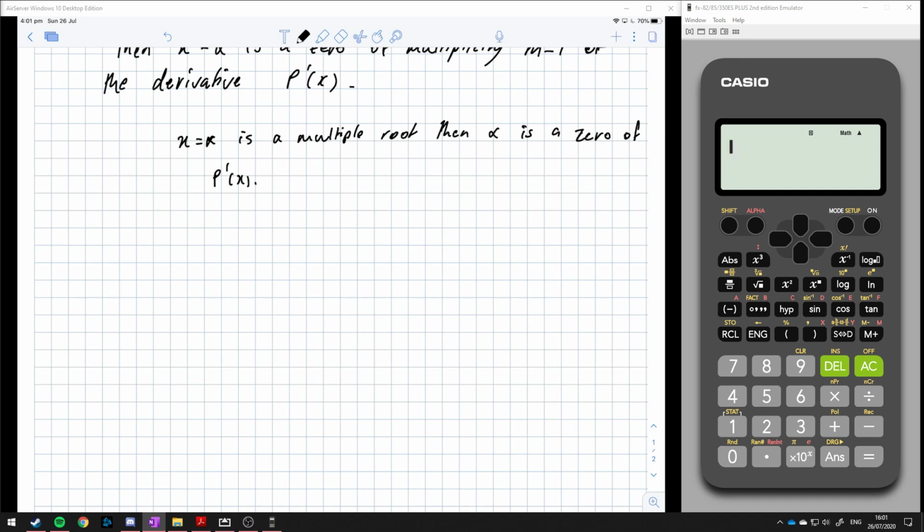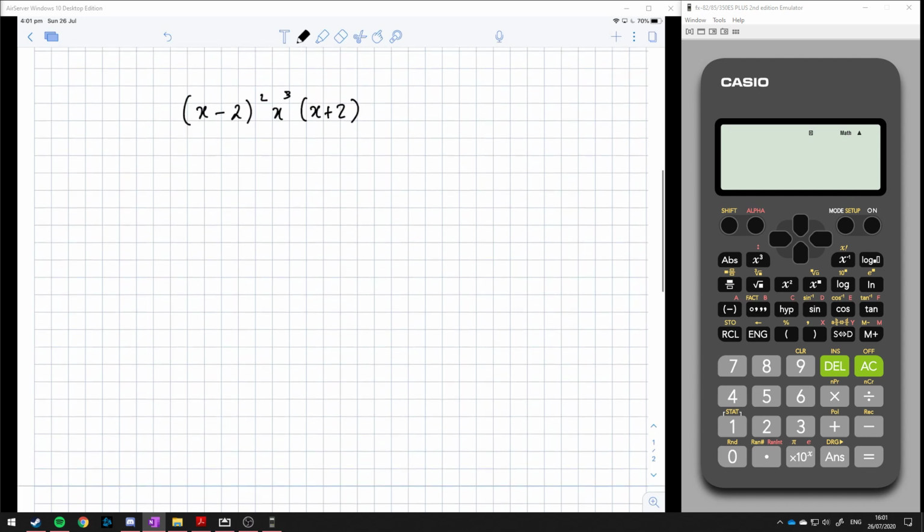What that means is if we have something like (x minus 2) squared, x cubed, and (x plus 2), and I ask you to graph it, anywhere there is an even multiplicity, so the powers are even, then the graph will be tangent to the x-axis at that zero, but it will not cross the x-axis there, and therefore it's a turning point.